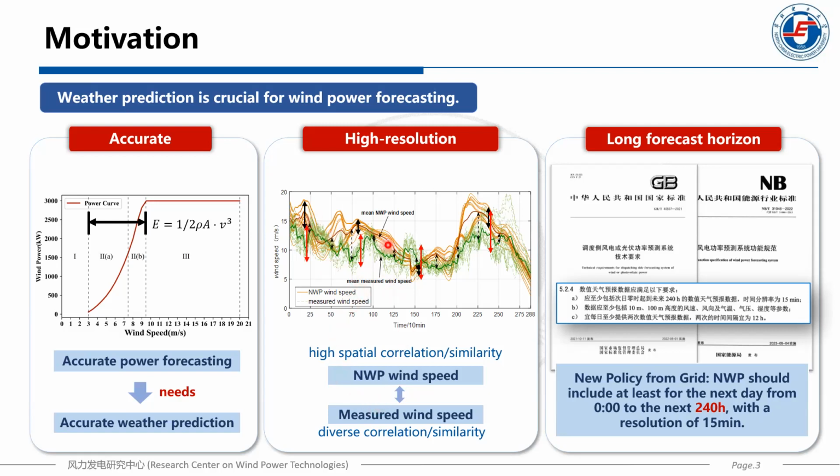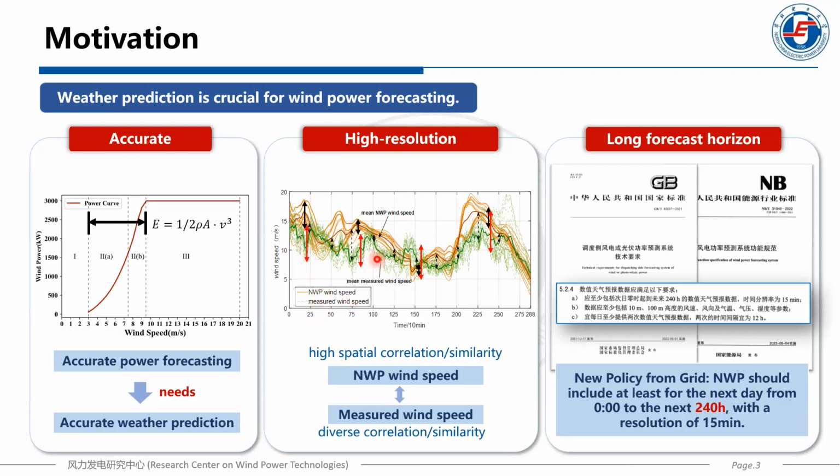But we can see from this figure that the brown curves represent the NWP data, where different curves represent different sites, different locations. Here are several wind farms. You can see every curve seems highly correlated for the NWP data.